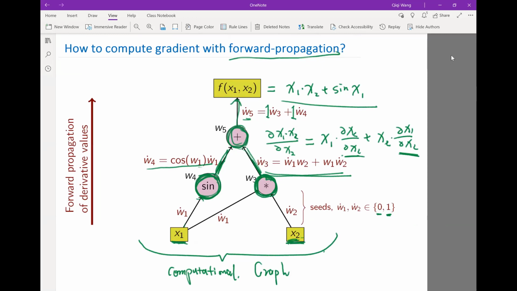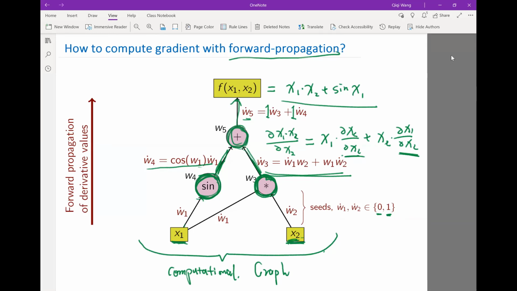Go back to the forward propagation case. Once we have completed the forward propagation, we have computed the derivative of the output with respect to one of these design variables. If we want to compute the derivative with respect to both design variables, we have to use two different sets of seeds, right? We have to seed our W1, W2 to 0, 1.